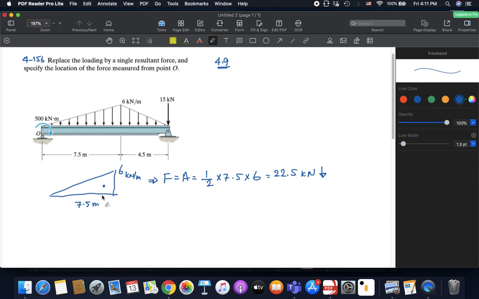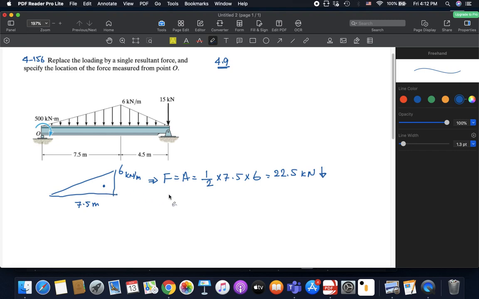We will be discussing centroid in more detail in chapter 9. Anyways, as you can see, the force is concentrated to the right because we have larger height here. So probably this portion should equal to this portion. Hence, the force should be shifted a little bit to the right.